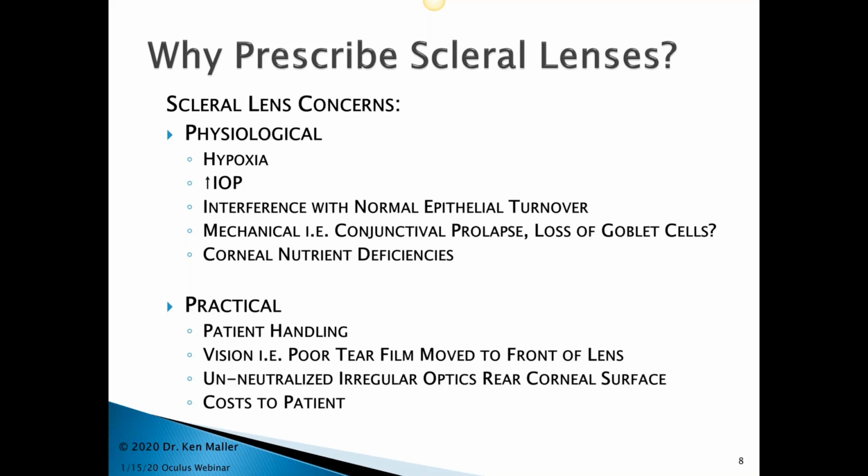This may be a concern about putting something like this into play and raising IOP for 16 hours a day. That may be the proverbial straw that breaks the camel's back on that particular nerve.